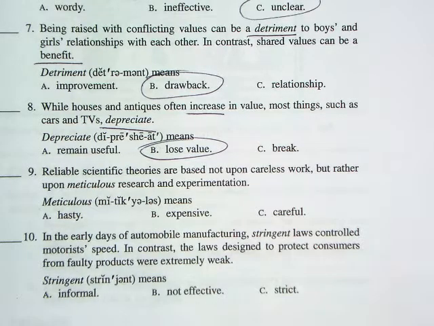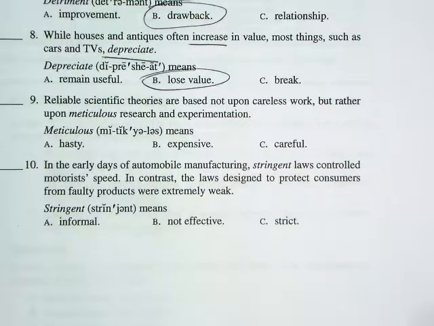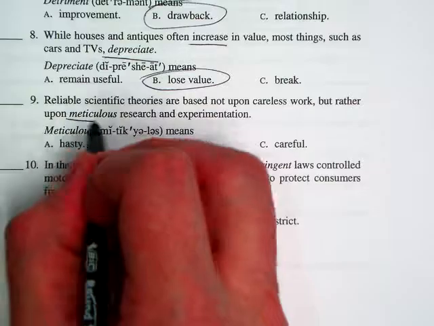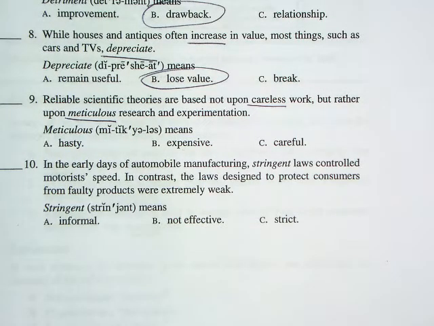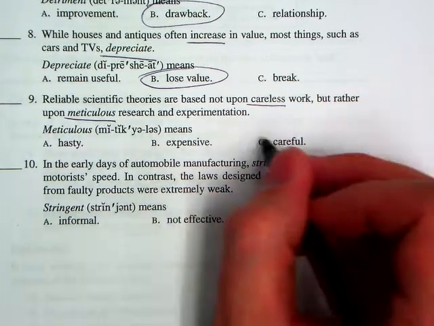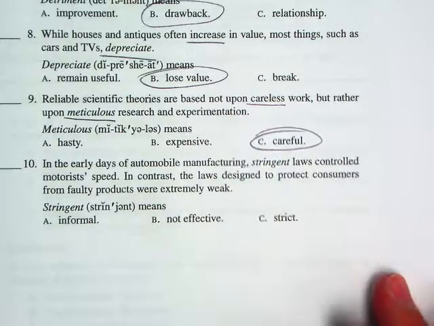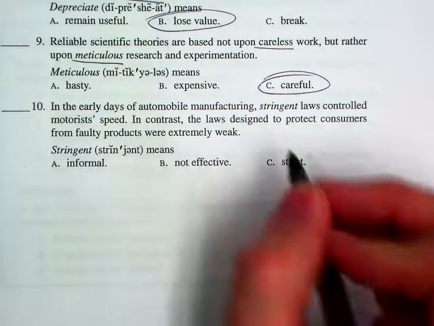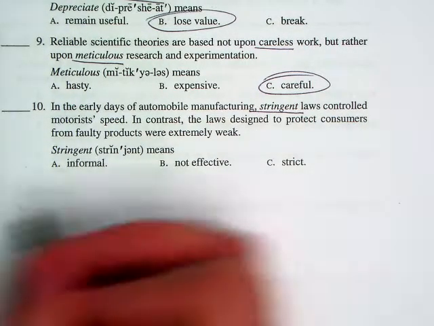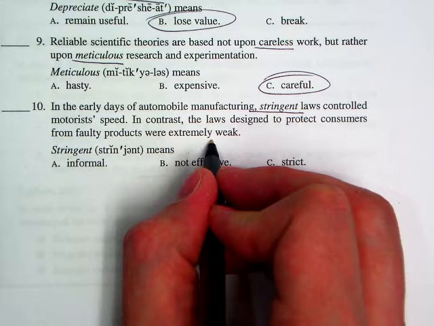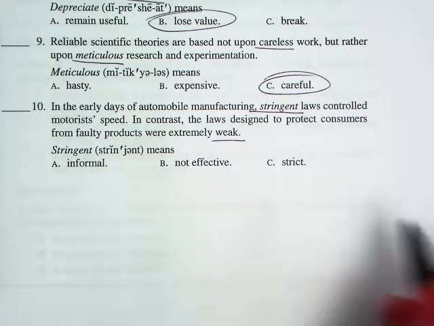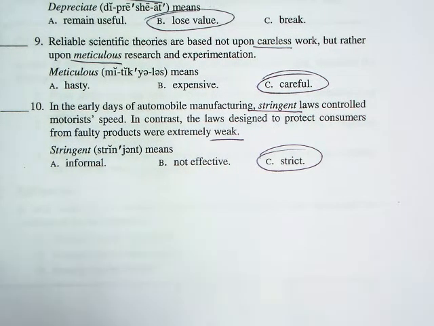Lose value is the definition. Number 9, meticulous and careless are antonyms. The opposite here is careful. Number 10, stringent and weak are the antonyms. Strict is the correct definition.